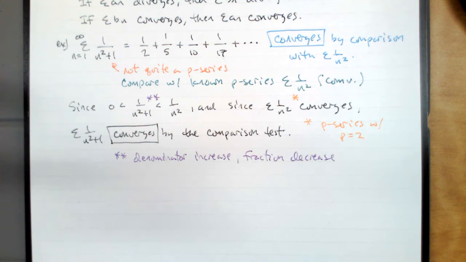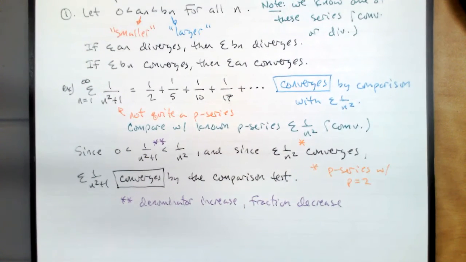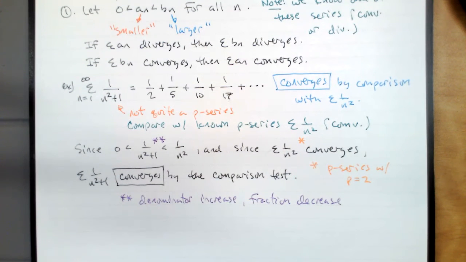This is unfortunately fairly restricted, even though the idea is already taking shape, because I need to be able to make this comparison. AN has to be smaller than BN, and BN is my known series.